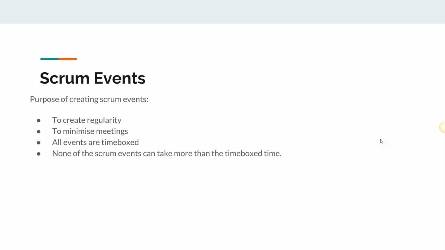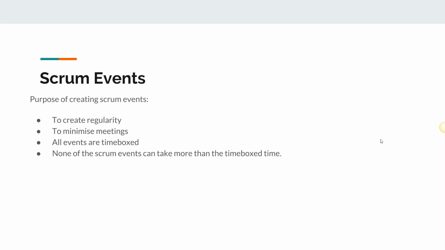So see, these Scrum events. See what typically happens. I don't want to be very theoretical, so I'll give you real life examples. Most of us would have spent most of our lives in meetings. You have no idea what the meetings are for, but you will be invited to be a part of most of the meetings for God knows why, and nothing productive comes out of it.